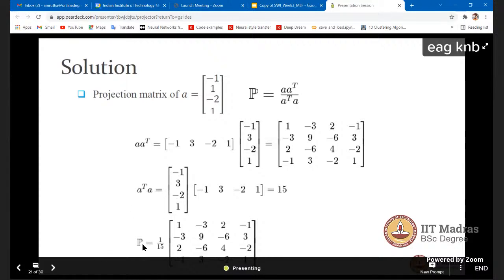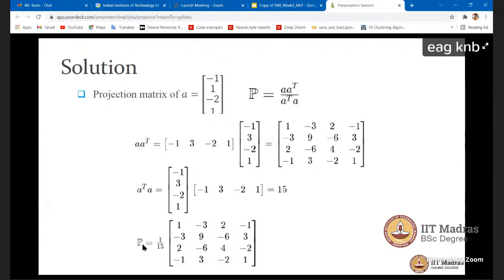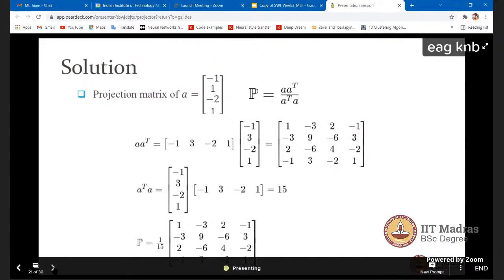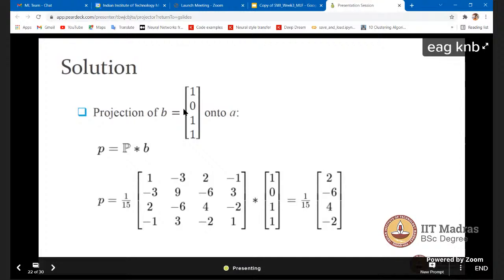After you obtain your projection matrix, how do you get the projection? You left multiply the matrix P with the B vector which you want to project onto this A vector. So the projection of B, that is 1, 0, 1, 1, onto A is simply left multiplying by the projection matrix. This is a 4 cross 4 matrix multiplied by 4 cross 1, so your output is a 4 cross 1 vector.